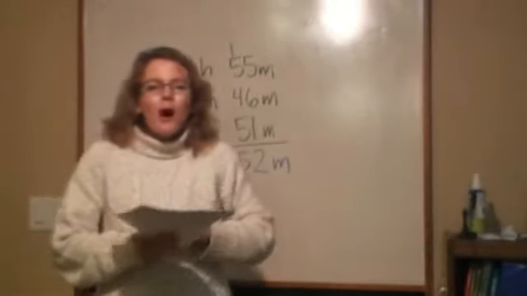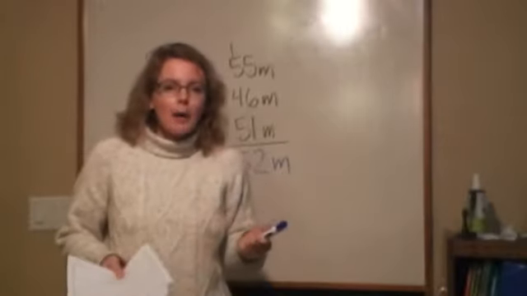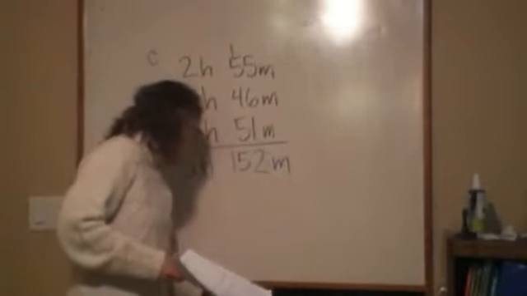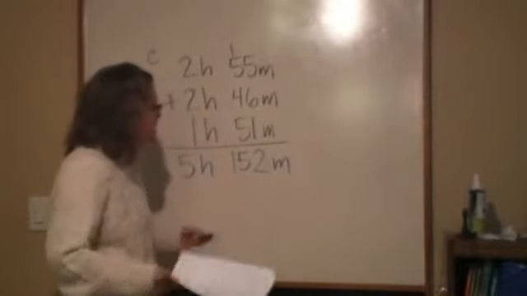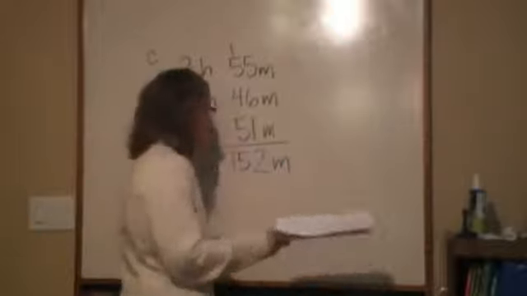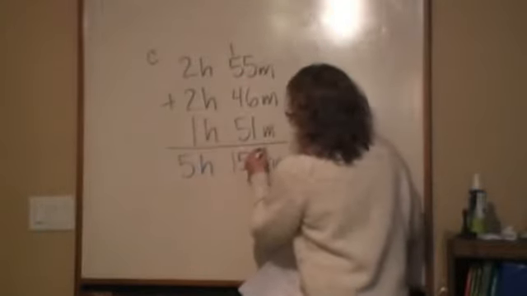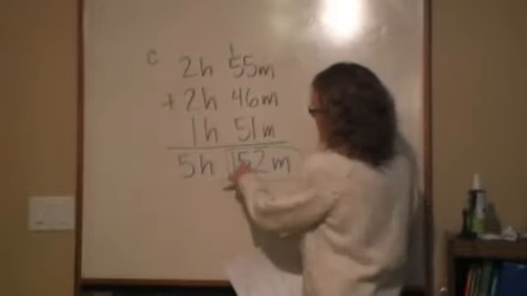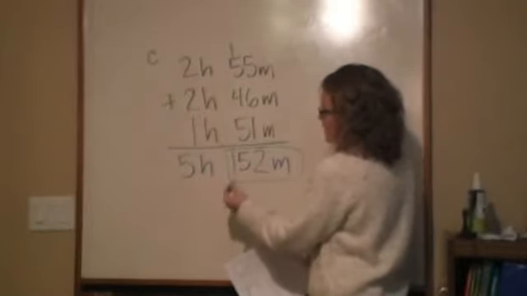Well, we don't ever talk about 152 minutes. We don't know what that means. So the problem is that this 152 minutes is a bunch of hours. This we need to change into hours. So how many minutes are in an hour? Well, 60.